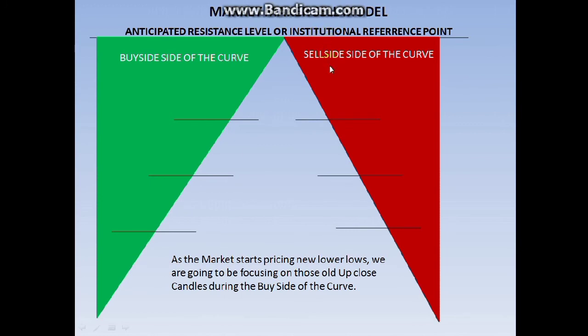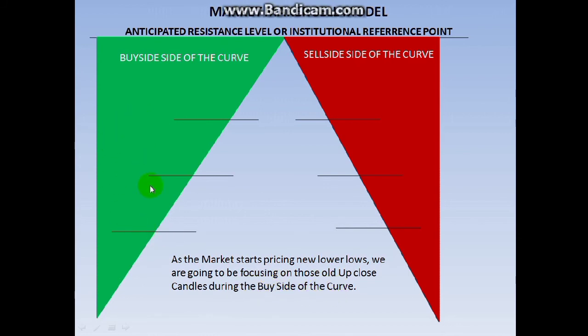Now as we go into the sell side of the curve, price has already reached for the sell side of the curve to come into play. It indicates that price has already reached for that anticipated resistance level. Now as the market starts pricing new lower lows, we are going to be focusing on those old up close candles during the buy side of the curve.